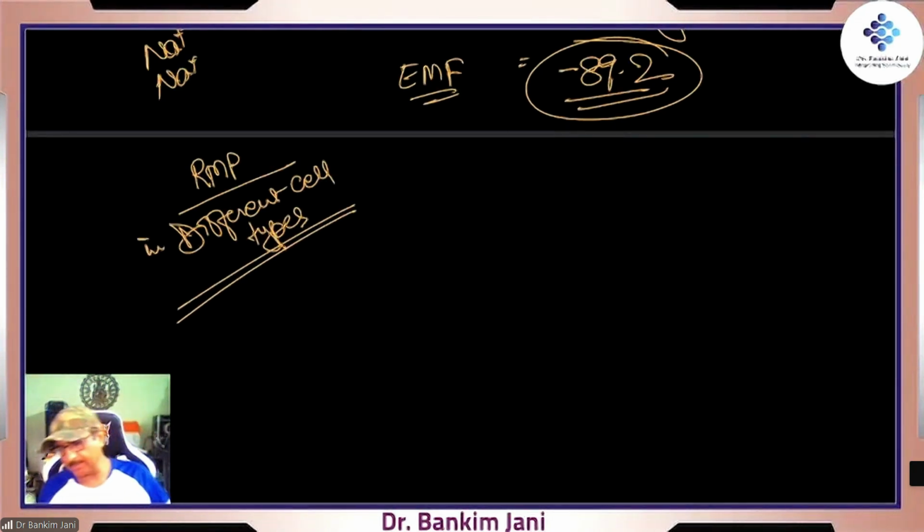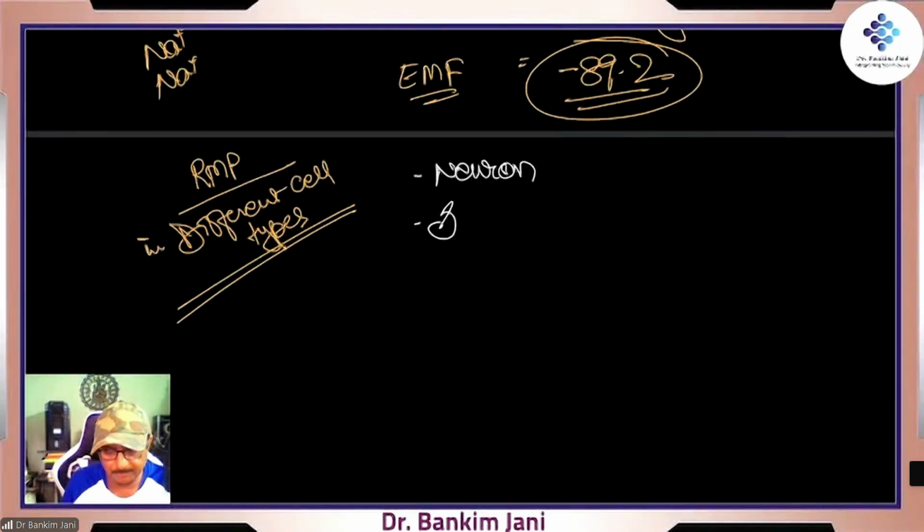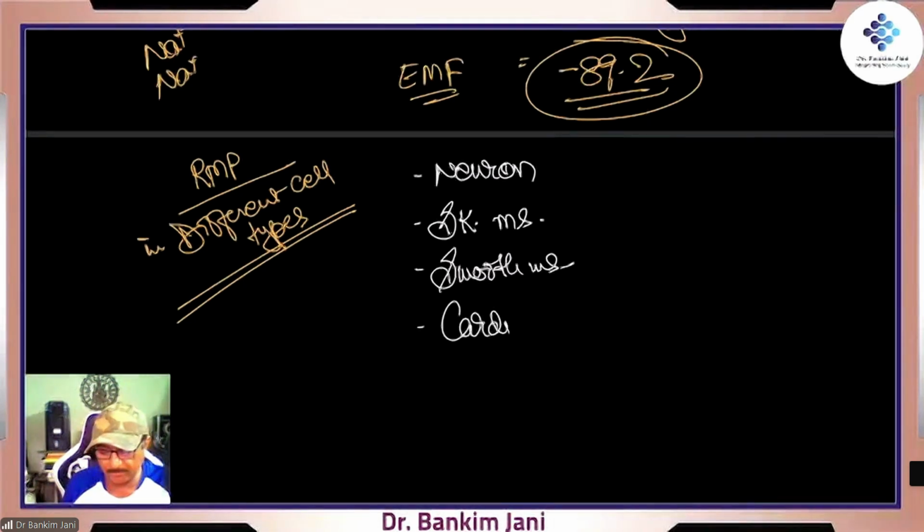Now, if you have Guyton, in Guyton this table is given. It's a big table, but I'm just taking some of those ions which we'll be discussing. For example, neuron, skeletal muscles, smooth muscles, then cardiac muscles for the automaticity, and the RBC.